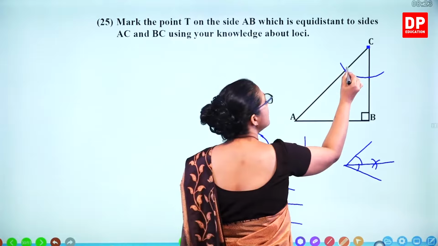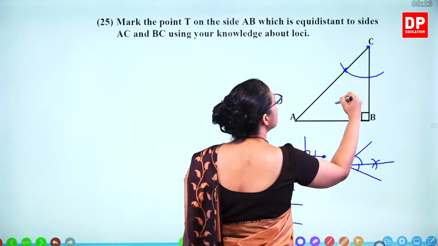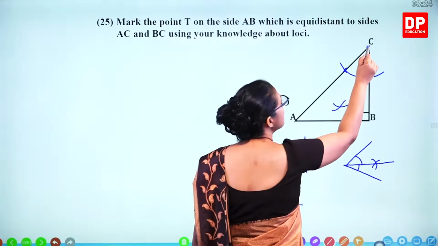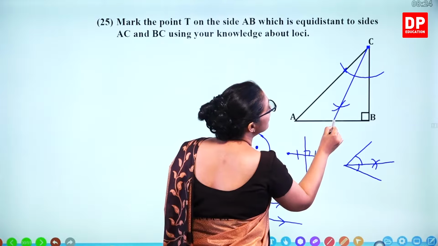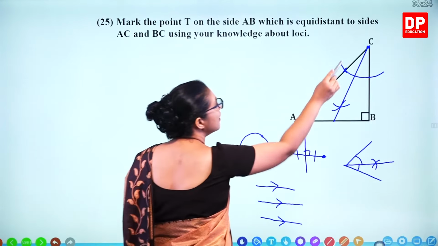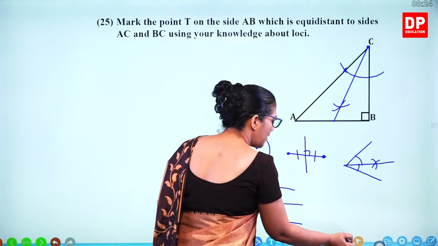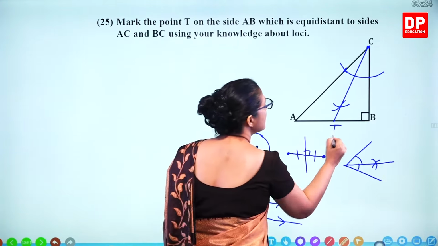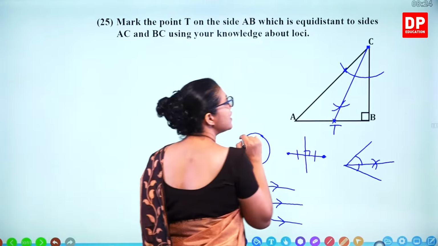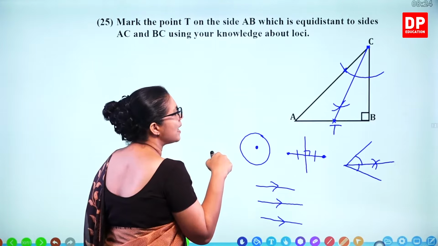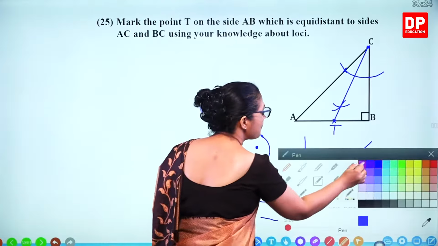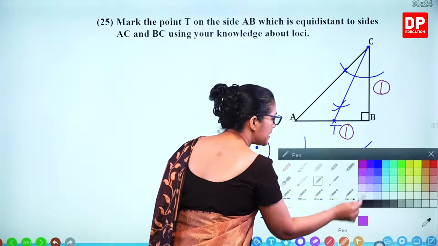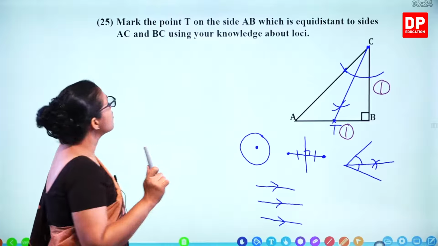And then you keep the compass here, draw an arc, and here draw an arc, and then you can connect this point and C. Where it cuts the AB line is the point T. So you need to show this point T and the angle bisector. So 2 marks for that, 1 mark for marking T and 1 mark for drawing the angle bisector. So that's the last question.